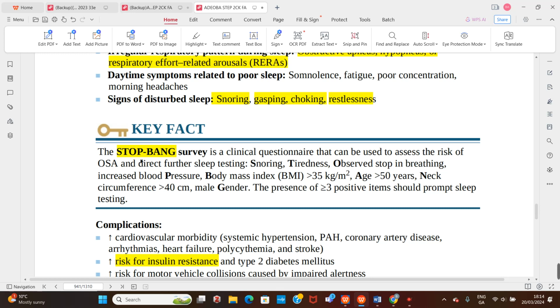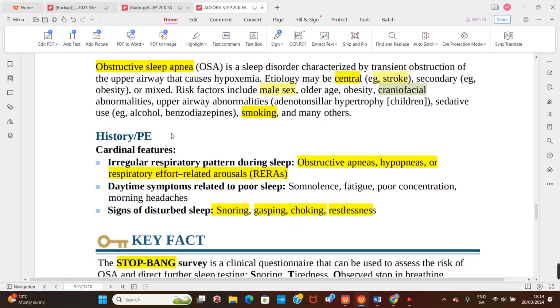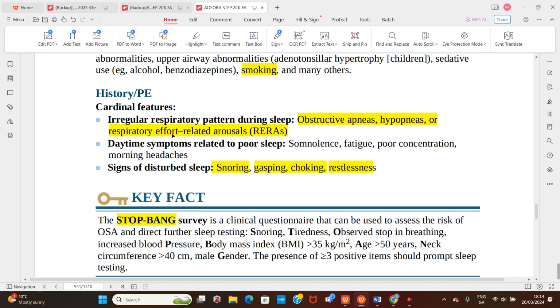P for the blood pressure. What is the value of the pressure when we measure it? Is it elevated? B for the BMI. Is it more than 35 kg per meter square? A for the age. Is it more than 50 years? N for the neck circumference. More than 40. G for the gender, male, because all these things increase the risk of developing obstructive sleep apnea.